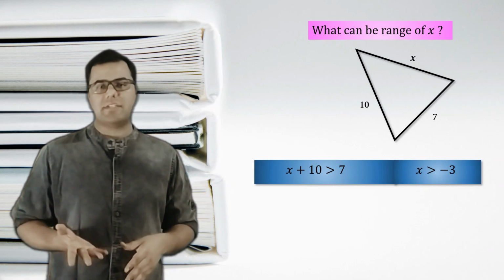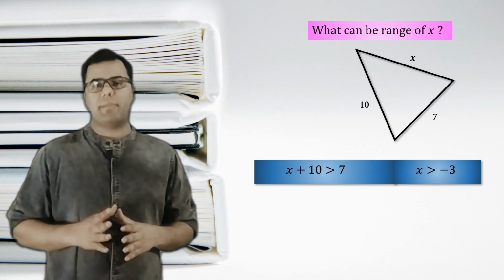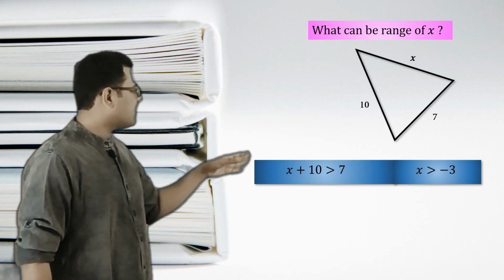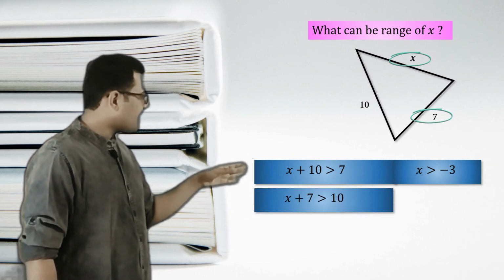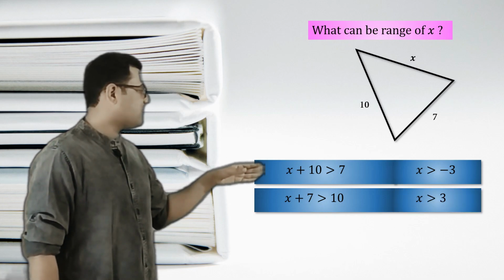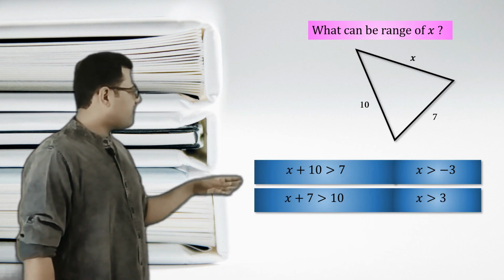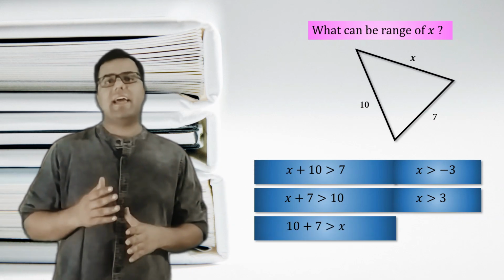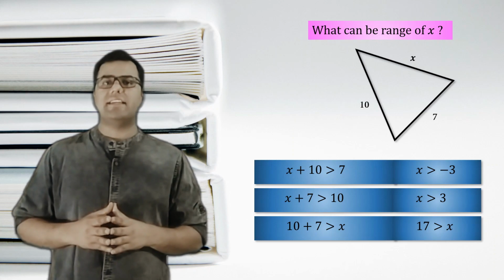X definitely must be greater than 0, so this does not give us very good information, but that's fine. Now let's take X and 7 together. X plus 7 must be greater than 10, and hence X is greater than 3. Similarly, when you take sides 10 and 7 together, you have 10 plus 7 is greater than X, that is, 17 is greater than X.